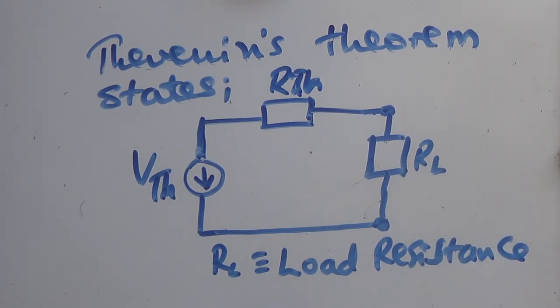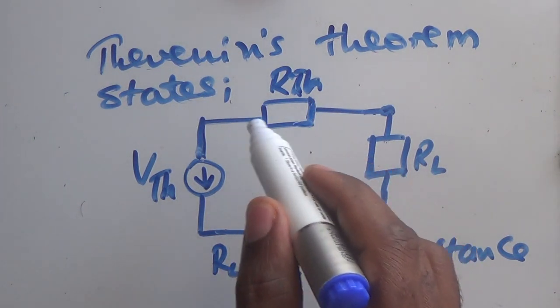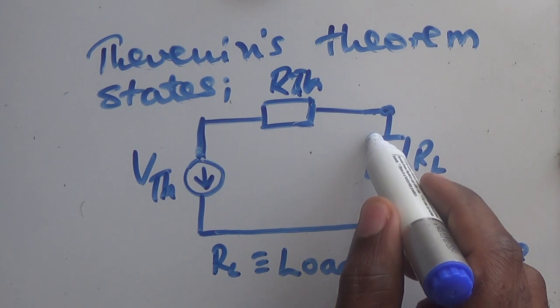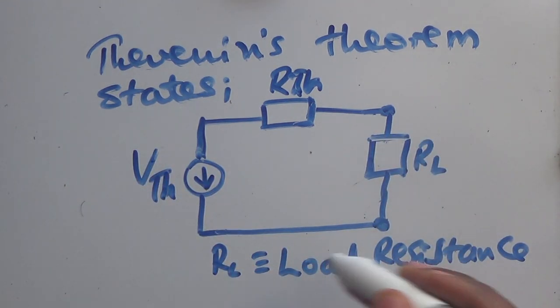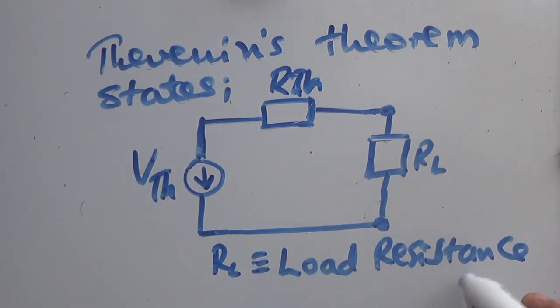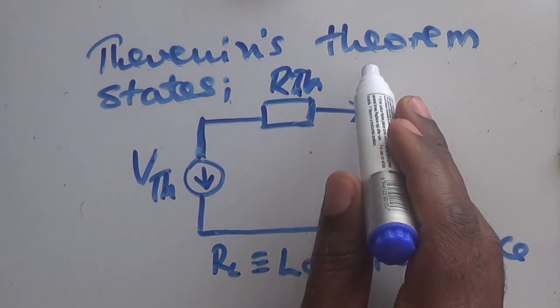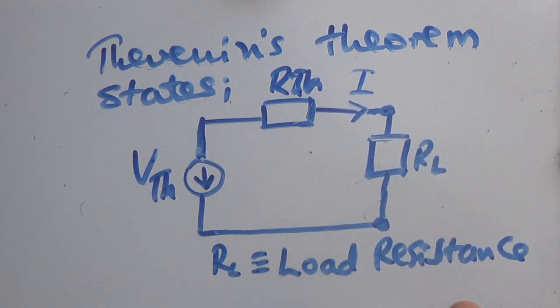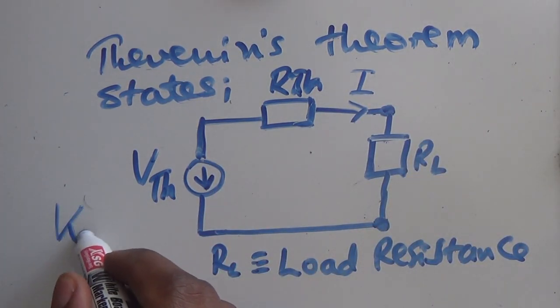Okay, so we need to find the Thevenin's resistance, then the Thevenin's voltage, and finally we get the current. The issue would be the current I here through the load. Now, a few key things.